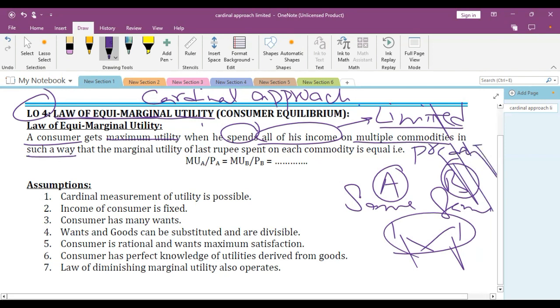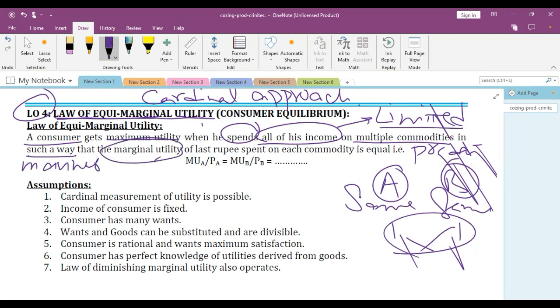He will do so in such a manner that the marginal utility of the last rupee expended on each product is equal.